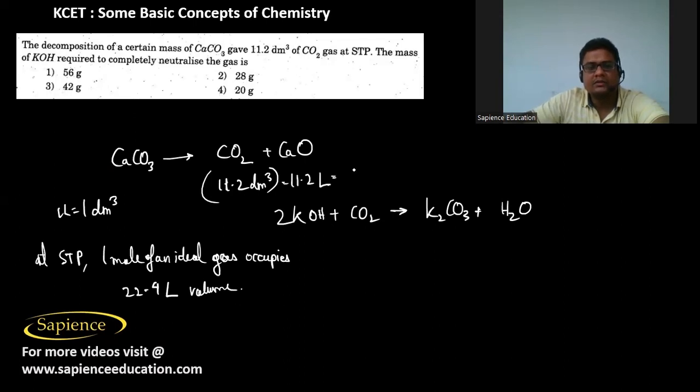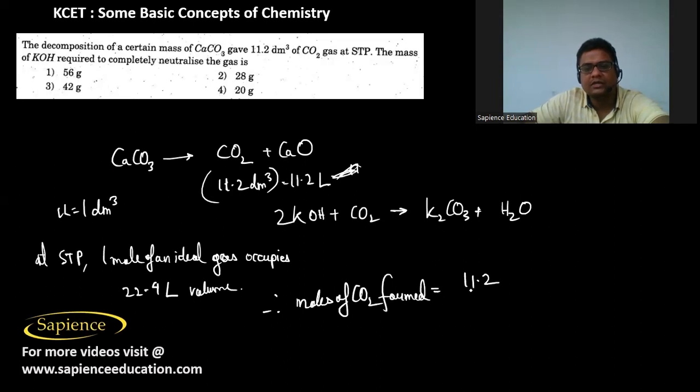Therefore, the number of moles of CO2 formed is equal to the given volume divided by the molar volume, that is 22.4.